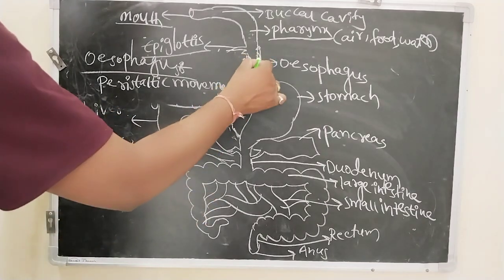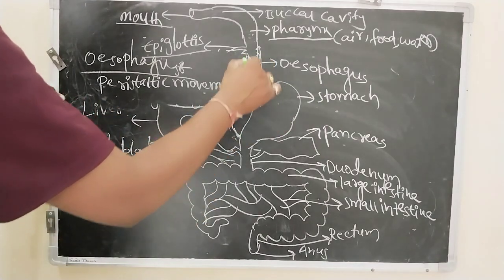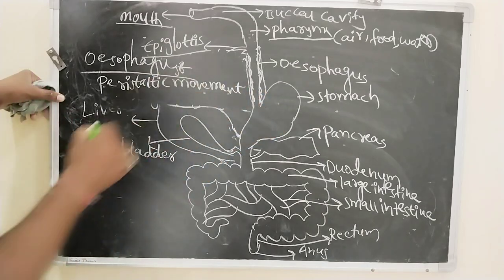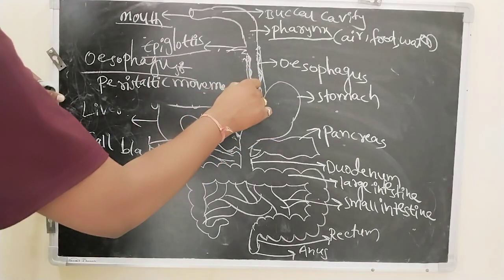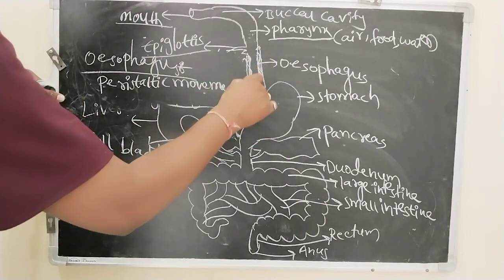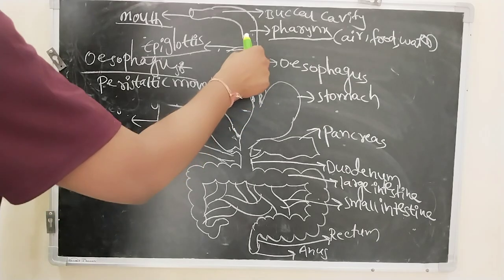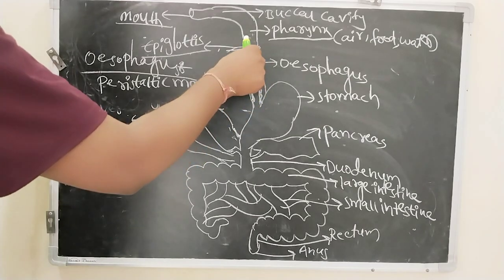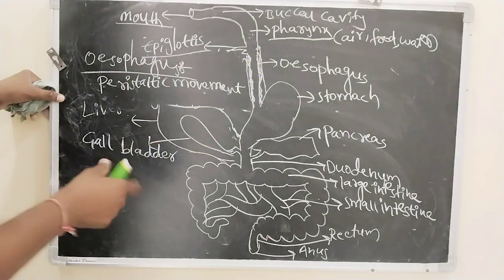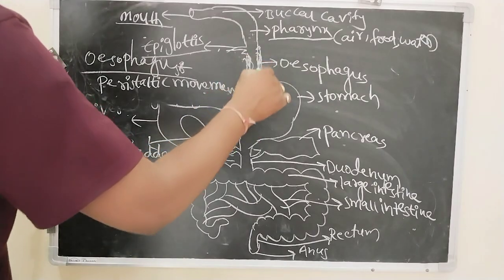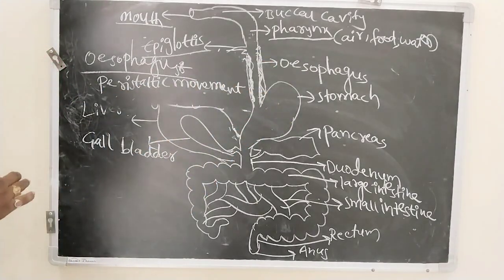Because of the circular and longitudinal muscles present on the wall of the esophagus, and also the mucus secreted by the wall of the esophagus, which makes the food slimy and lets it move smoothly. The movement by which food passes through the esophagus is called peristaltic movement.